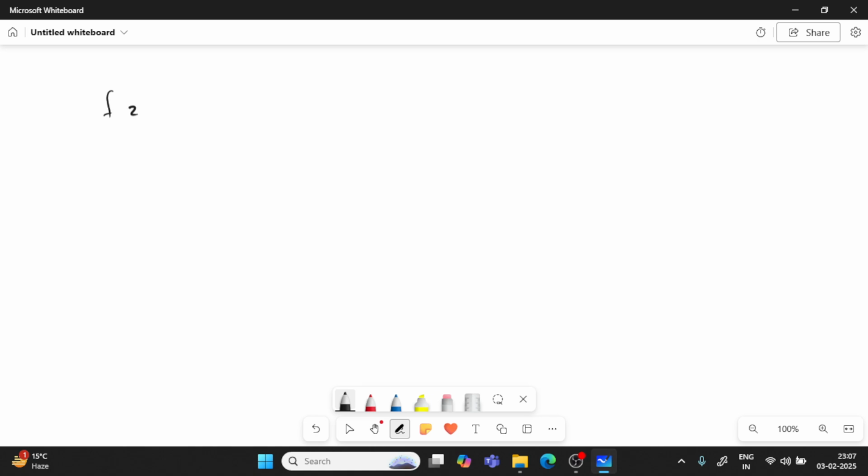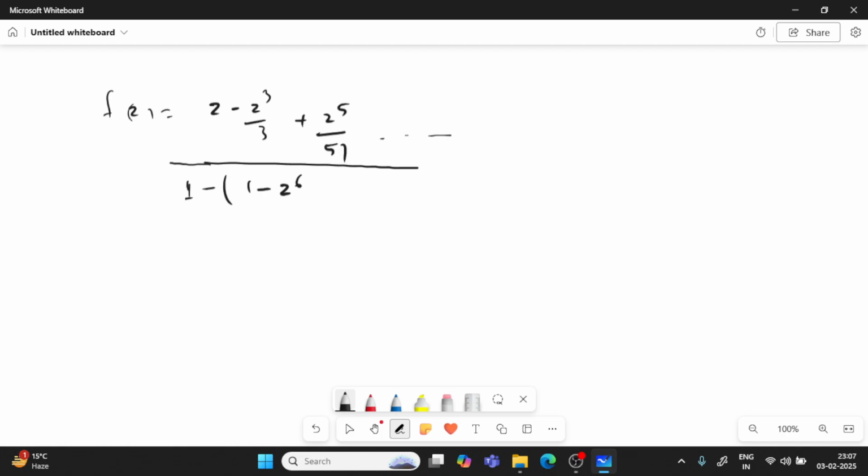So f(z) equals z minus z cubed upon 3 plus z^5 upon 5 factorial minus dot dot dot, divided by 1 minus 1 minus z^6 upon 2 factorial. Why is it z^6? Because sin z has z cubed, you can see easily how we have written this.